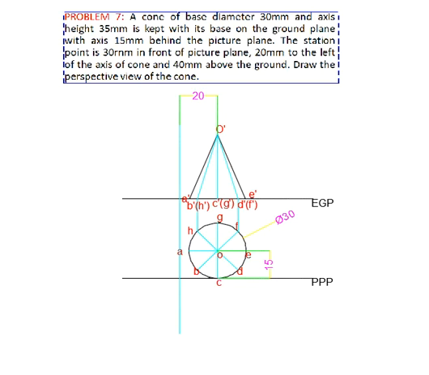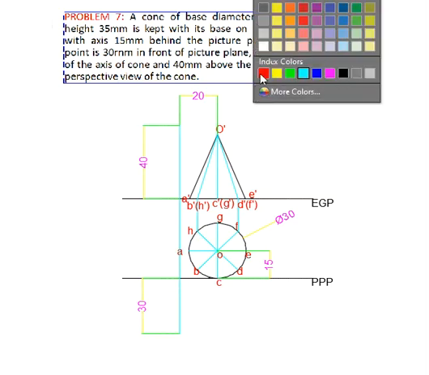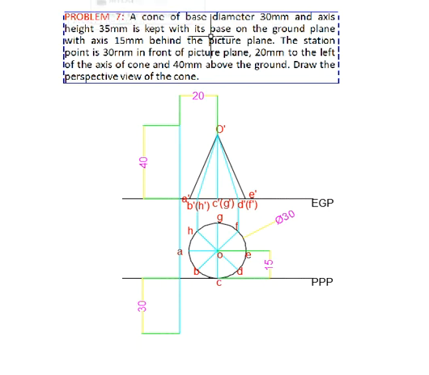It is given that the station point is 40 mm above the ground plane and 30 mm in front of the picture plane. So this point is S dash and this one is small letter s. You can name them.